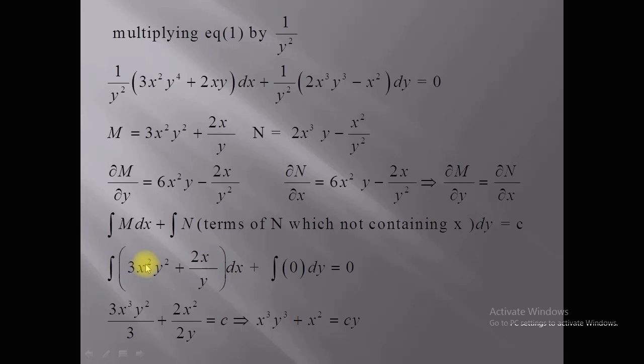Integration of x square with respect to x is x cube divided by 3, and in the integration of the term 2x divided by y, 2 and y treated as a constant, the integration of x with respect to x is x square divided by 2. So 3 and 3 cancel, 2 and 2 also cancel, so multiplying both sides by y, we get the solution of this new differential equation: x cube y cube plus x square is equal to cy.